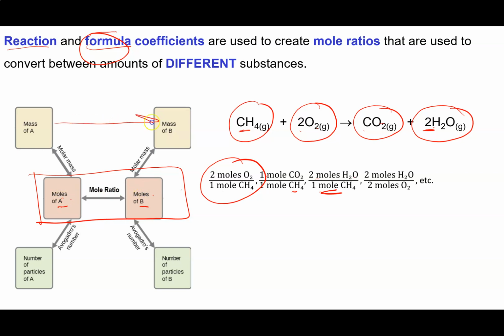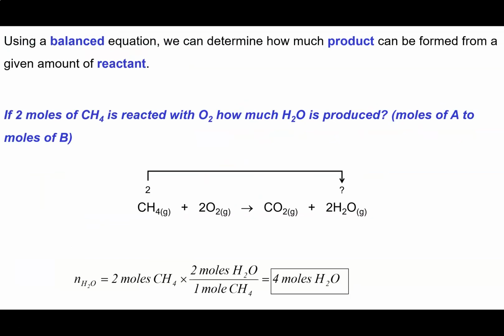There's no way of going directly through grams. So like I said previously, the first step in many calculations is to convert the amounts of all of your substances into moles.